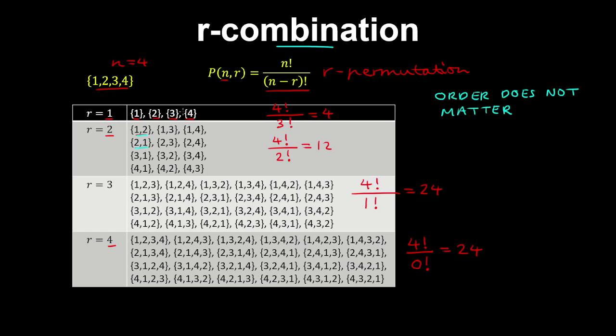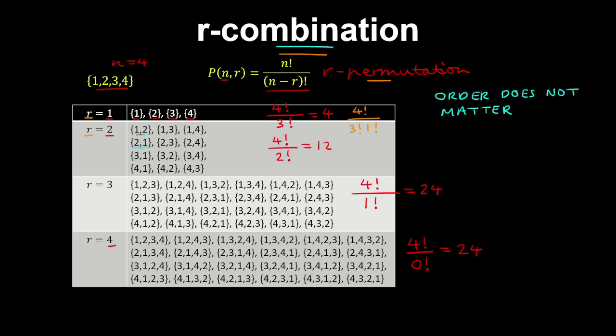So for the case where r equals 1, we had the number of r permutations as 4 factorial on 3 factorial. And to remove the duplicates, there are no duplicates here, so effectively we're just dividing by r factorial, which is the number of ways we can arrange one number. So therefore this is the number of 1 combinations.